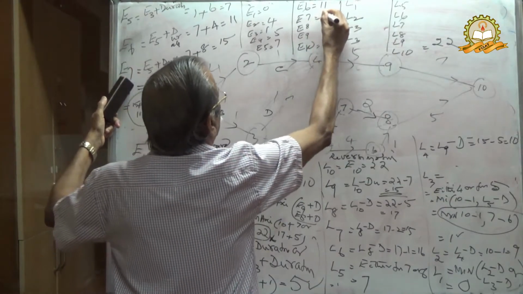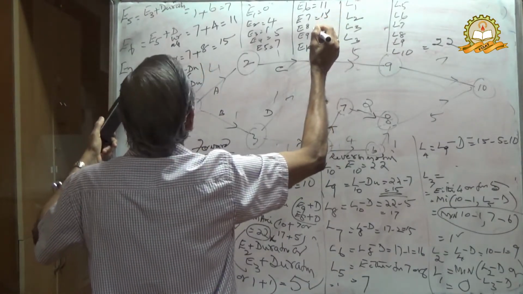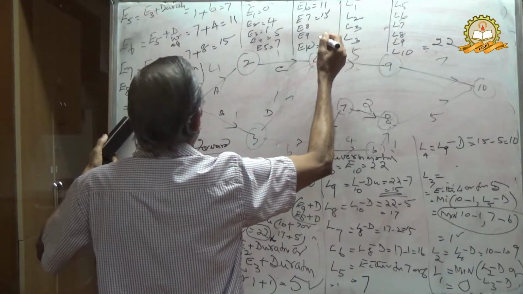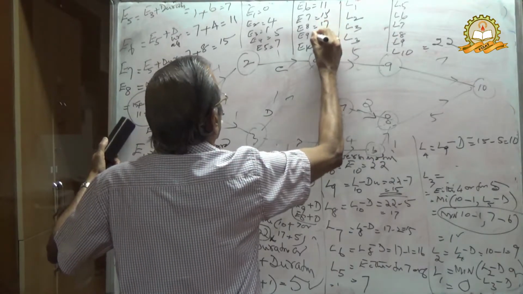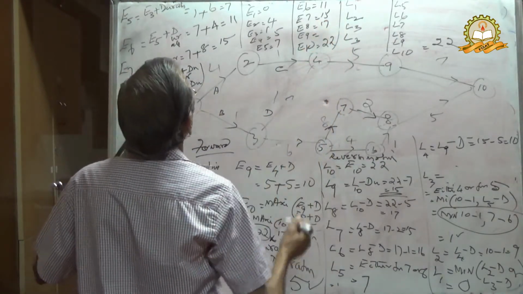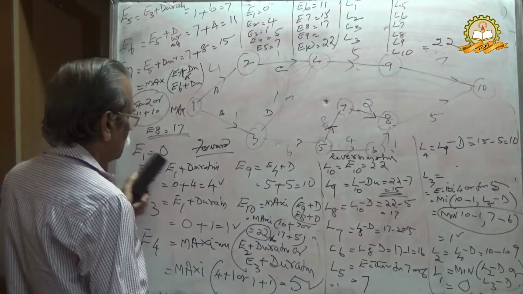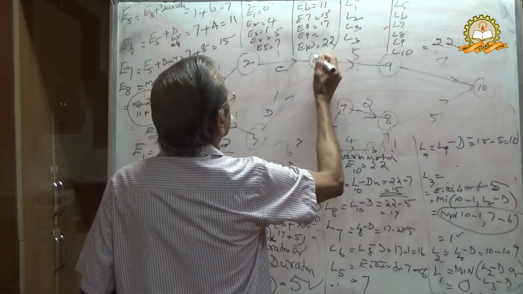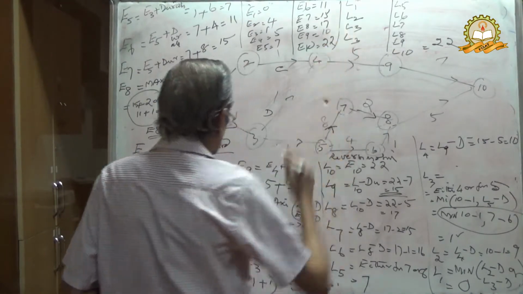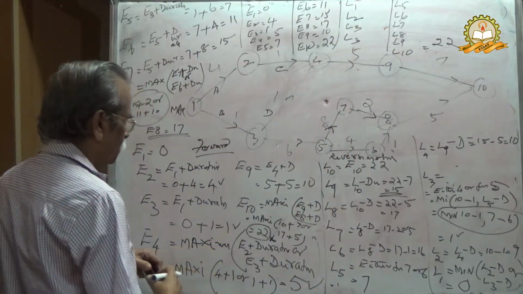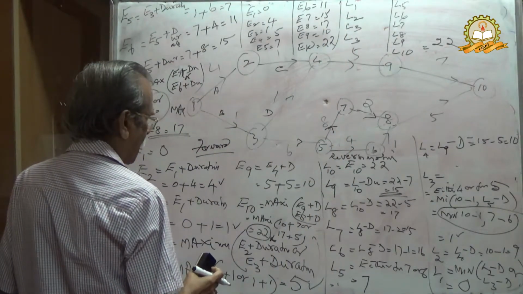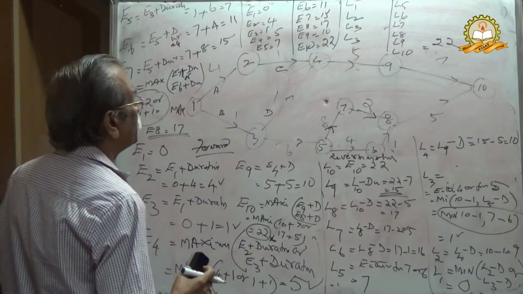E7 equal to 15. E8 equal to 17. E9 equal to 10. E10 equal to 22.